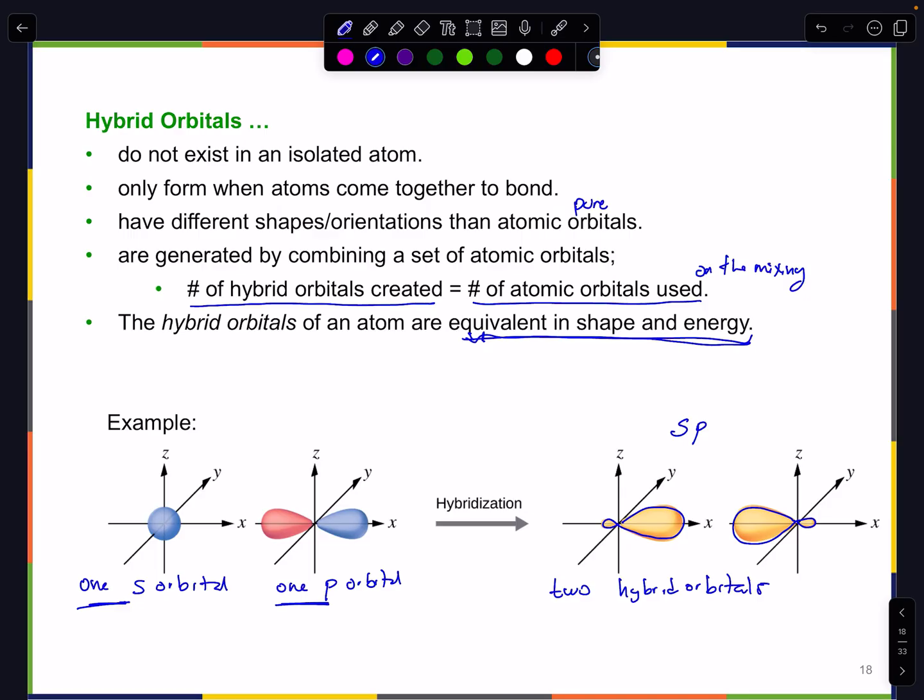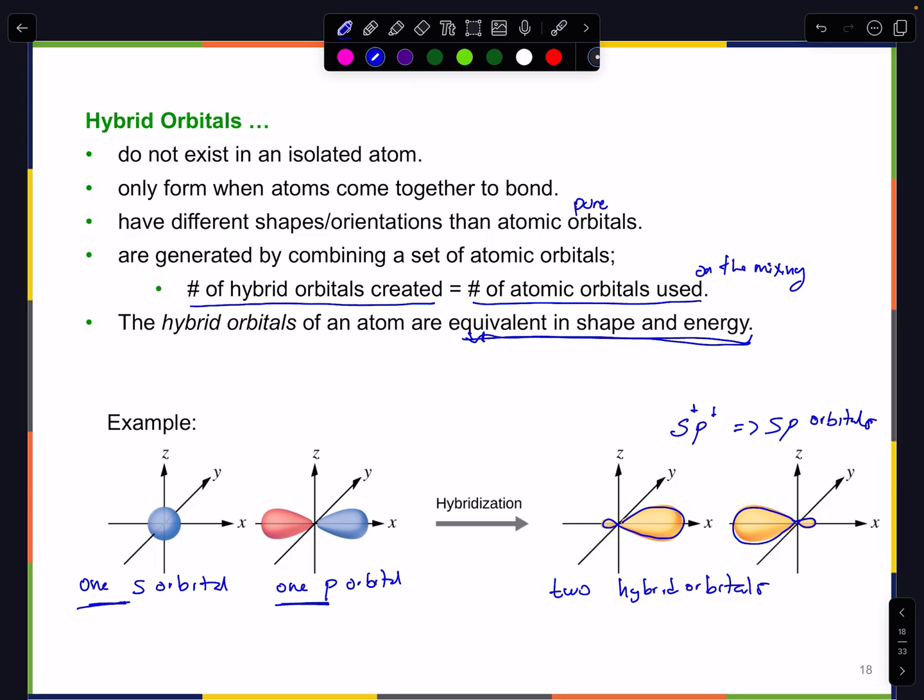Since here we are using just one, well, we don't put a number one here, right? We just call that sp orbitals, or hybrid orbitals, to be more precise, right? This is like mixing two different regions of electron density to get two new but equivalent regions of electron density. Right. This is one example.